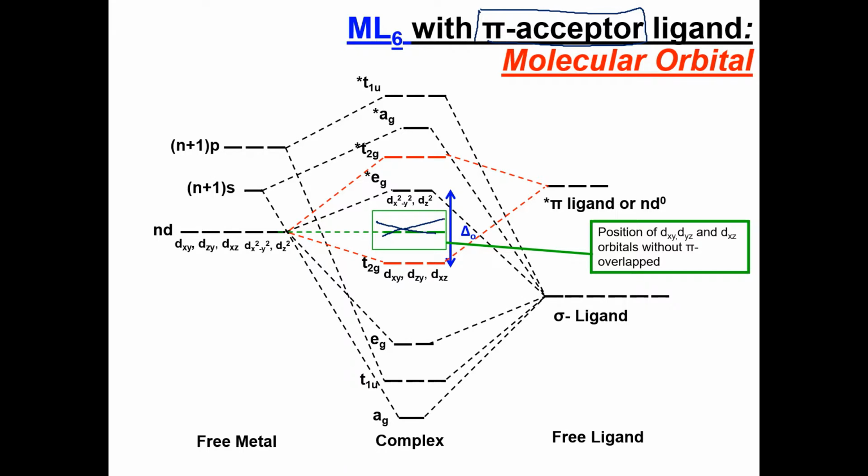Because of the participation of the T2G, when you have a bonding T2G, then you must have the anti-bonding T2G. Here it is similar to the sigma bond. Here the electrons will occupy from the sigma electrons of the ligand. So let's say you have 6 ligands, so you will have 12 electrons. All 12 electrons will occupy here.